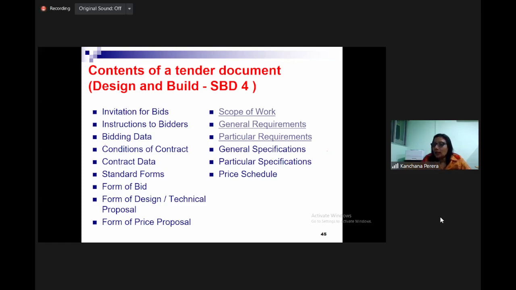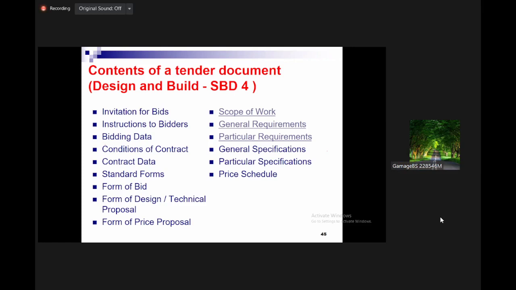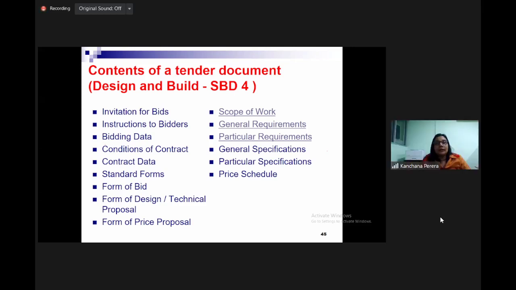Anything else you would like to ask? Any other question? Excuse me, madam. Yes. In design and build contracts, on the employer's side, to what extent do they have to prepare the cost estimate? This is not a detailed cost estimate, but you all know that there should be a limited budget, no? Then with the use of the price schedule, using estimating methods other than the detailed BOQ method, we prepare an estimate.